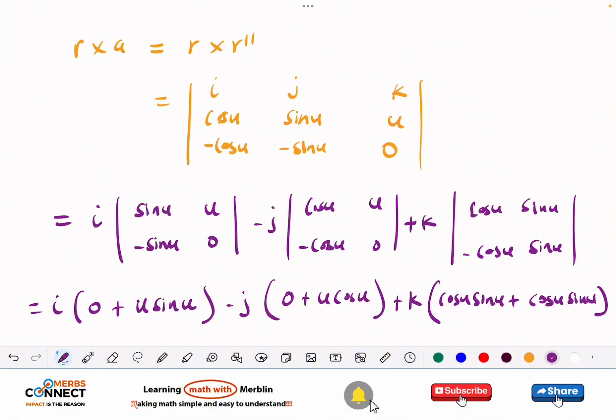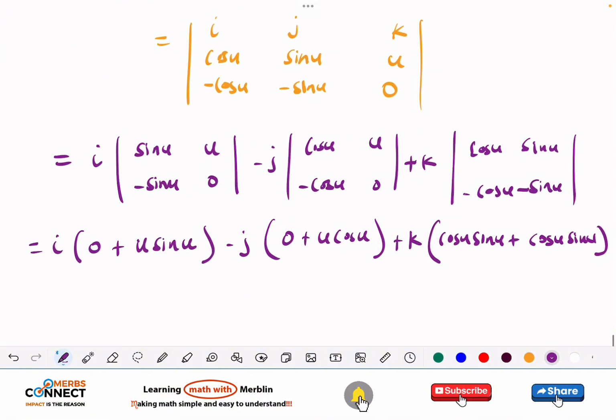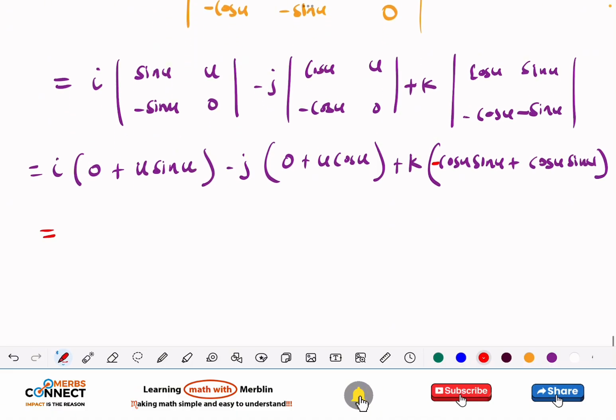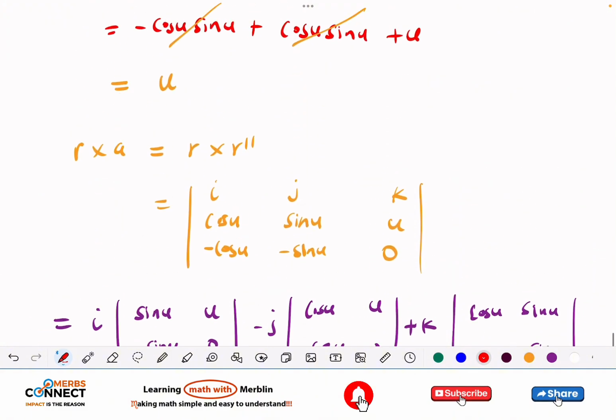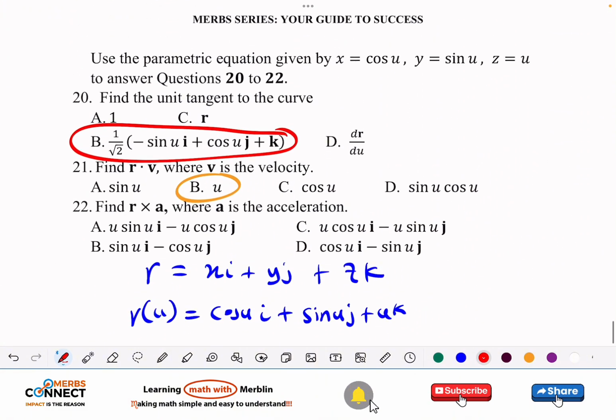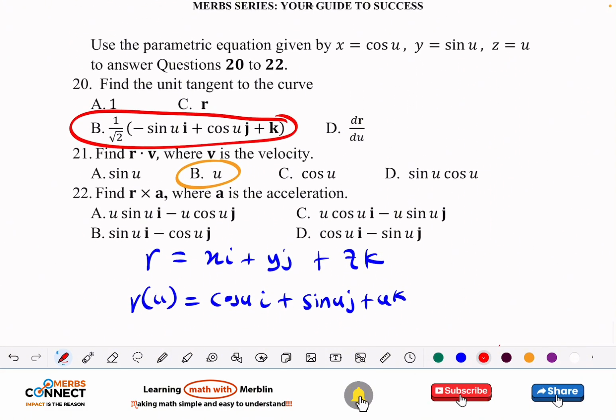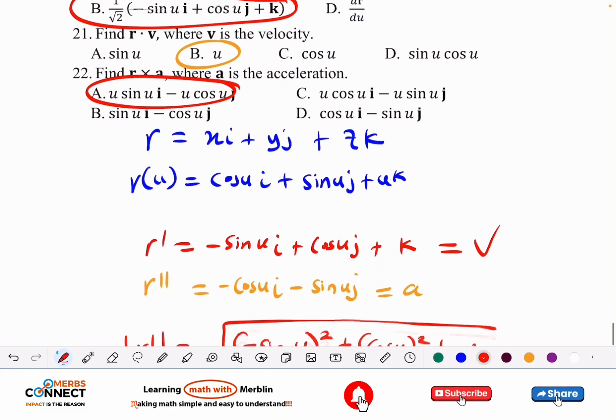So this one's supposed to be minus. So this is going to be minus, and put minus here. So now this is going to give us u sin u i minus u cos u j, and this one will be 0. So let's see the answer that we are going to get for the options. Okay, so we are going to have this. Is that right?